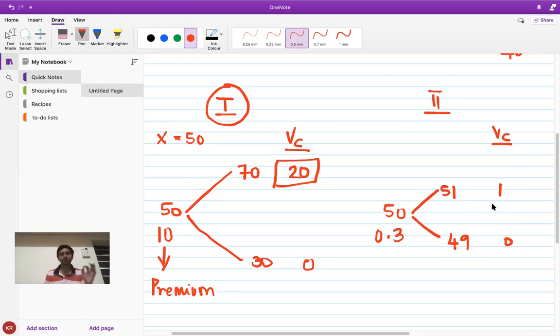That is the reason he will choose path 2. But of course, that lower cash outflow means he's going to receive lesser premium today, only 0.3. Whereas in the first situation, with a higher volatile stock, he would have received $10 as premium today.